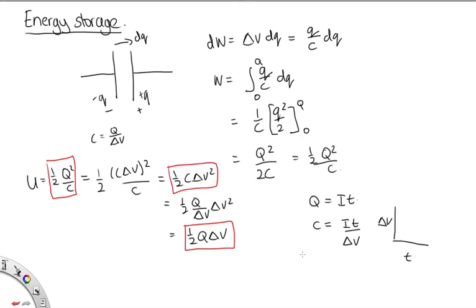The gradient of this graph, delta V over t, will be equal to I over C. So you'll be using this relationship in the lab where you are looking at series and parallel capacitors.